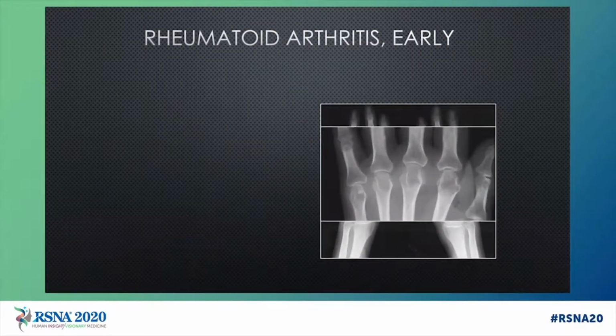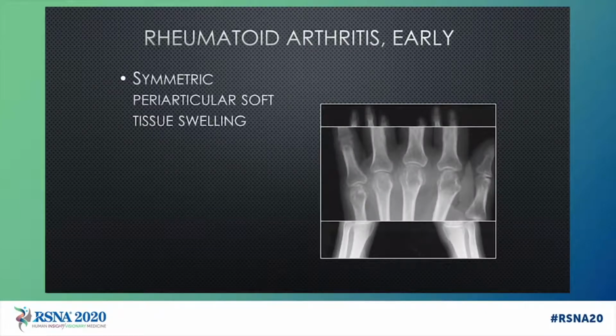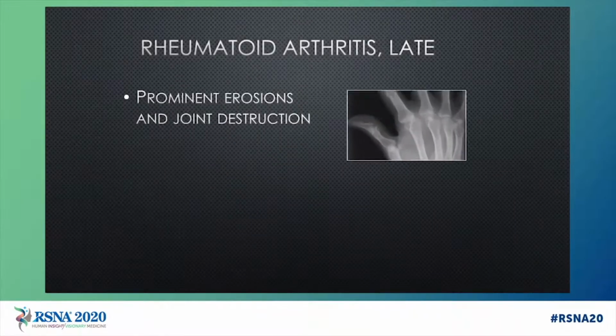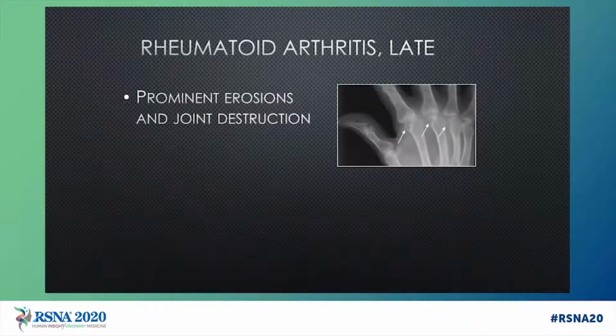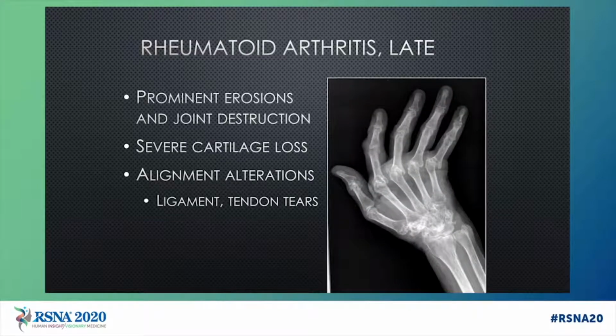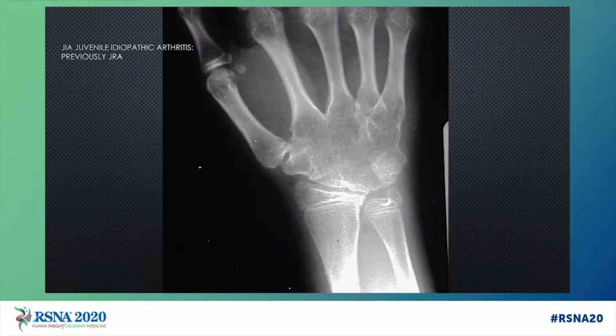In the case of rheumatoid arthritis, we have symmetric periarticular soft tissue swelling at first, with osteopenia and uniform joint space narrowing. Later on, we have prominent erosions with cartilage loss and malalignment. And eventually, we have ankylosis, such as in this case in JIA, with fusion of the carpal bones.